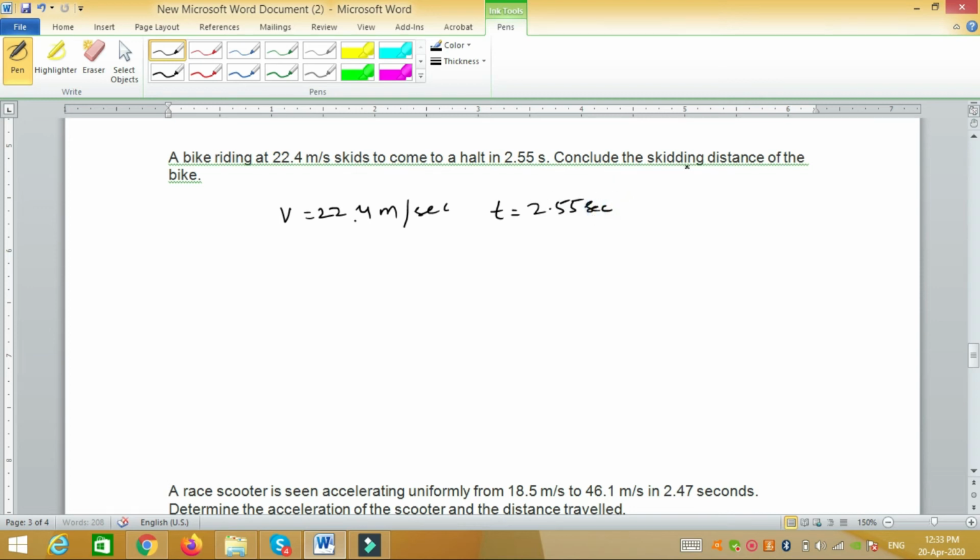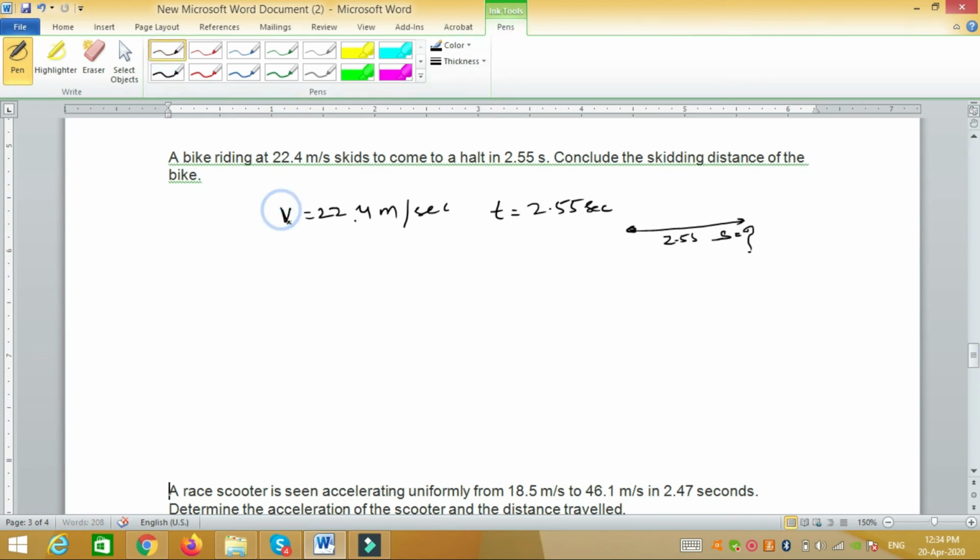Conclude the skidding distance. Let us suppose the bike skids from here, it moves for 2.55 seconds, and we have to calculate how much distance it would cover in 2.55 seconds.